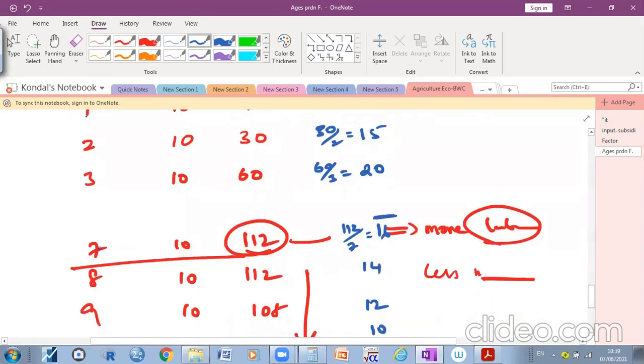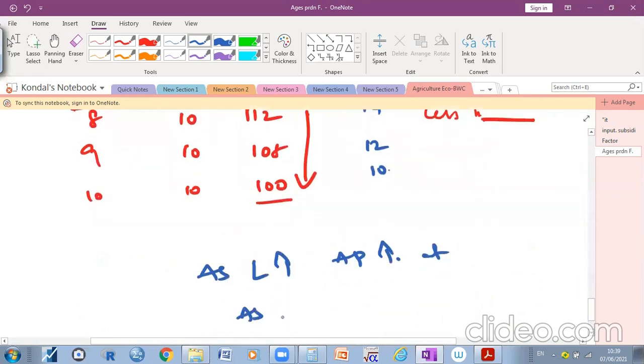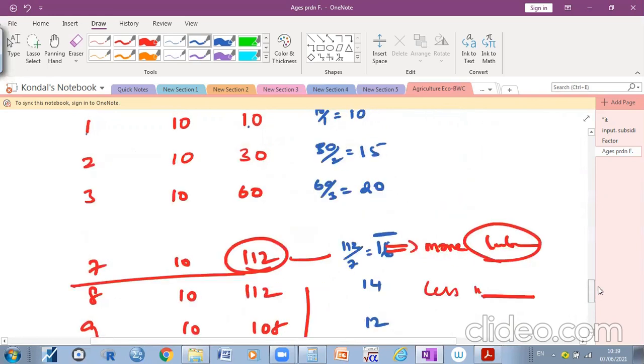After 7, after employment of extra labor, the average production has decreased, the per labor production has decreased from 16 to 10. So as labor increases beyond the scope, the average production decreases.